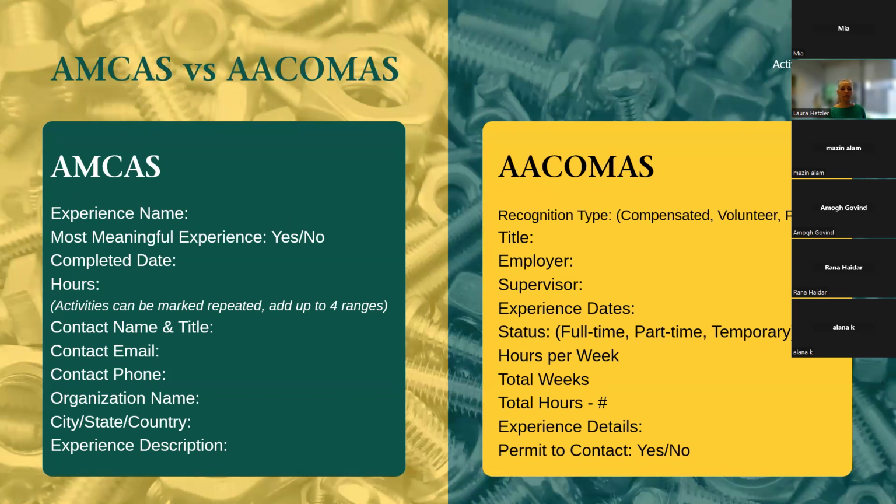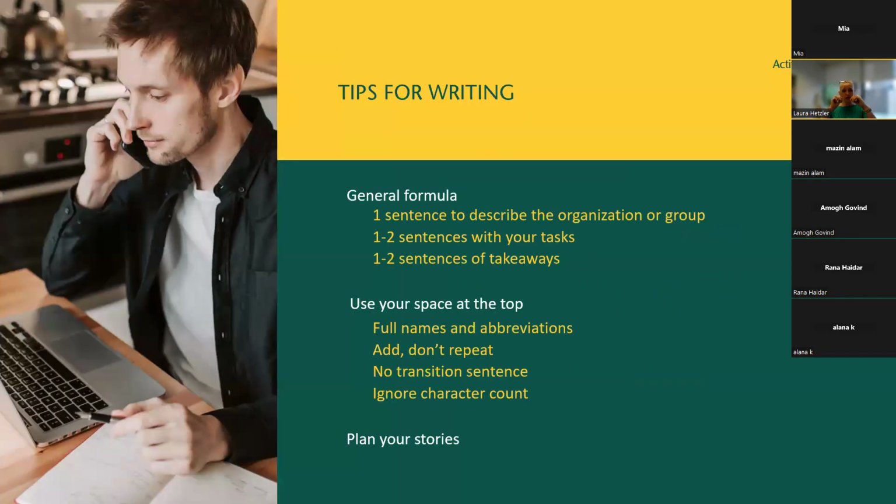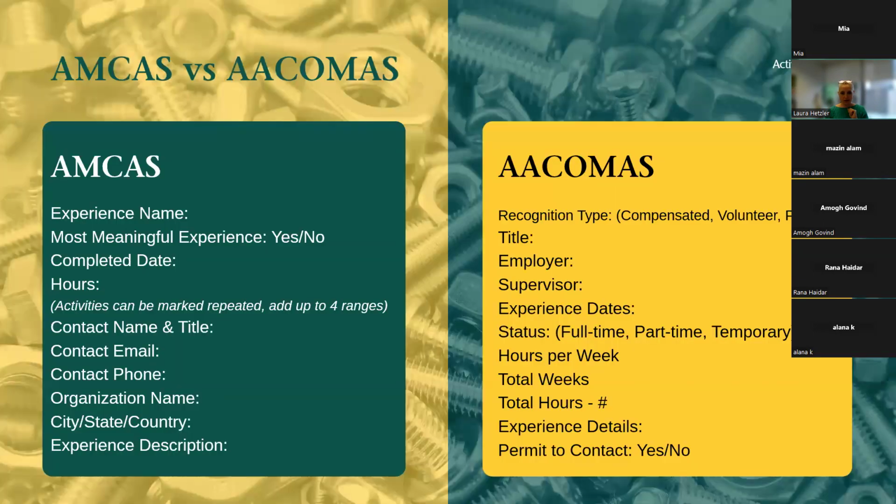But ultimately, it is going to be more interesting the more detail you give me. So if you've just written research in that top part, then in this experience description, you need to tell me the name of the lab you were at. You need to tell me what the lab did. And then hopefully you've still got characters left to tell me what you did, okay, within this larger scope of the project.